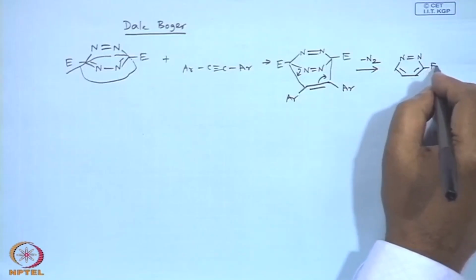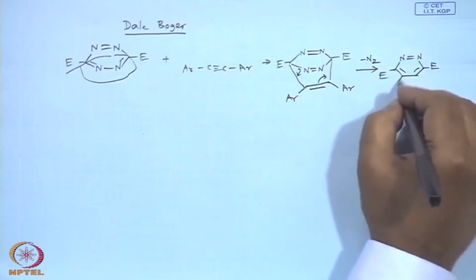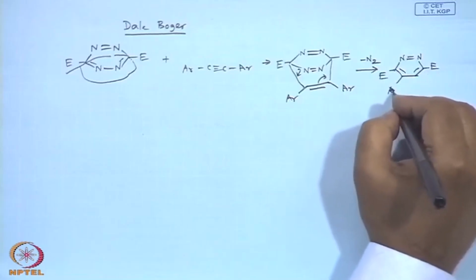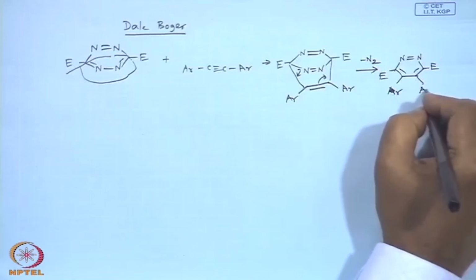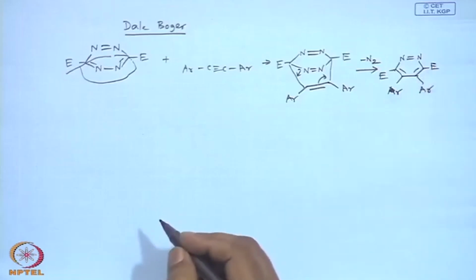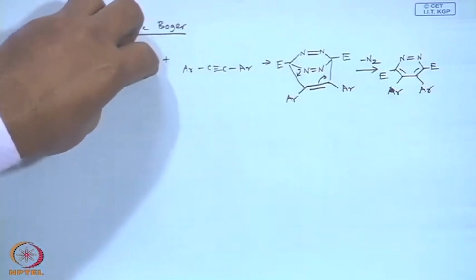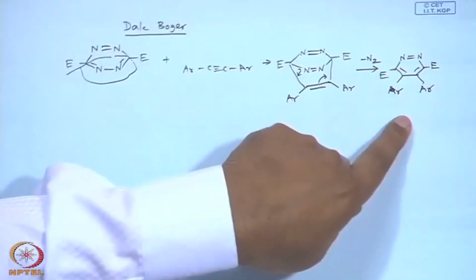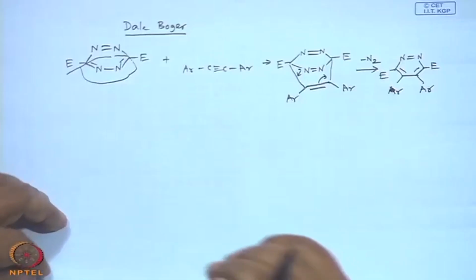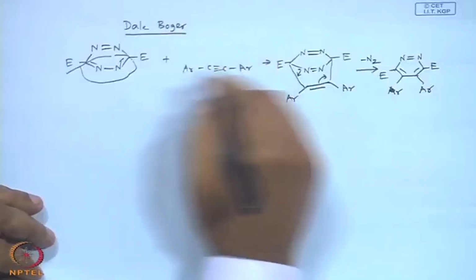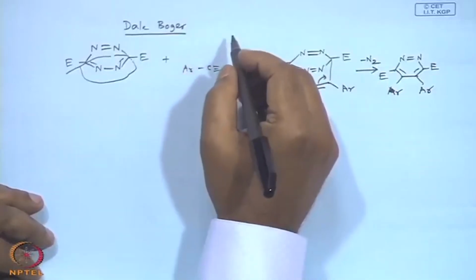So, E here, and then Ar and Ar. Once again, although it is a heterocyclic compound, you are making a heterocyclic molecule by the application of cycloaddition reactions. So, very useful reactions, and this sequence also has a name.